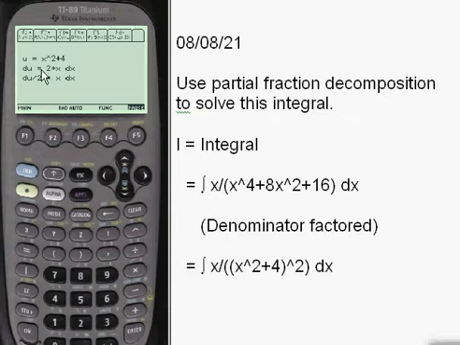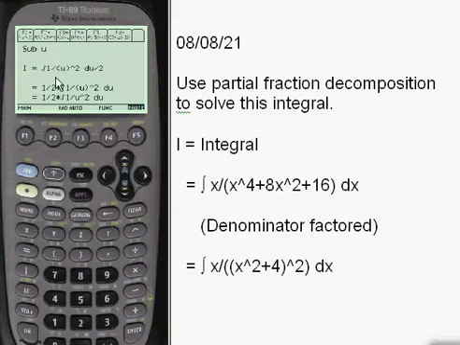You can understand it if you want to take the time. u equals x squared plus 4, always what's inside the parentheses. Then du equals 2x dx, and we put the 2 on the other side to isolate x dx, because that's what we have in the numerator. So we've eliminated that with u substitution.